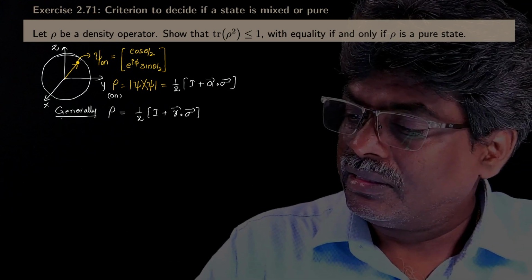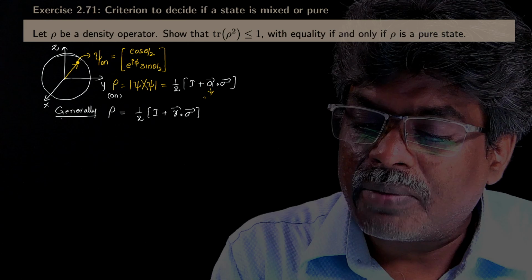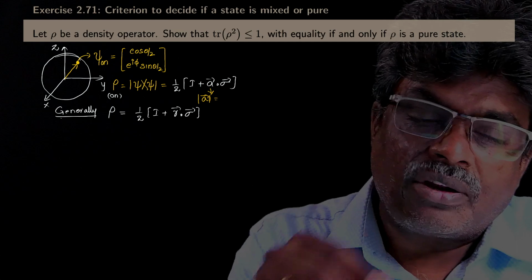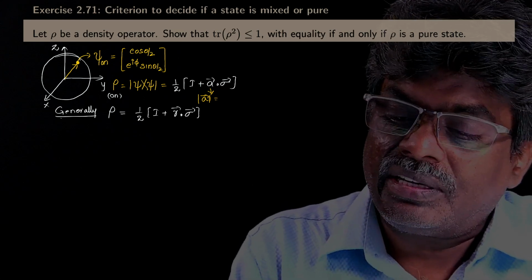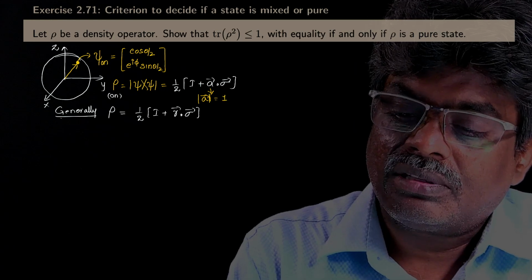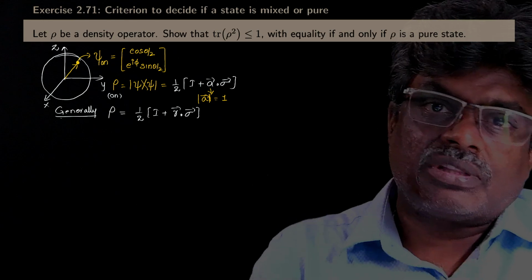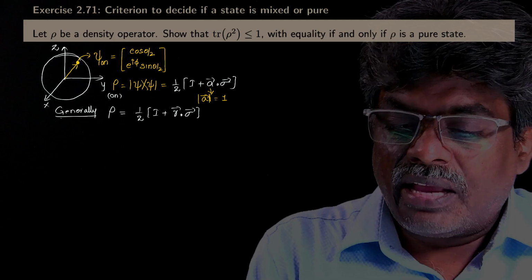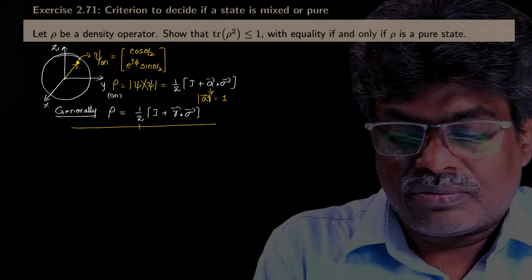Actually here, what is the magnitude of this a bar? So this corresponds to the point on the Bloch sphere. So definitely the magnitude of a bar should be equal to 1. Then only we can say that point is on the Bloch sphere, and that is called a pure state. Okay, so now generally I have written like this. So what is the meaning of this?